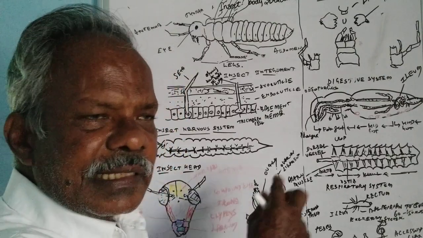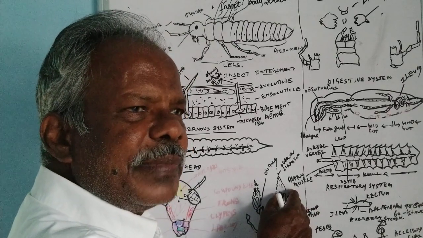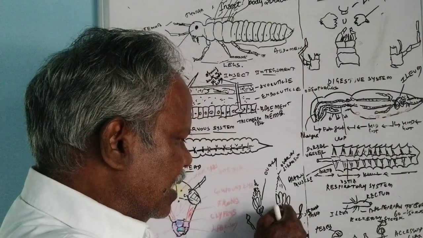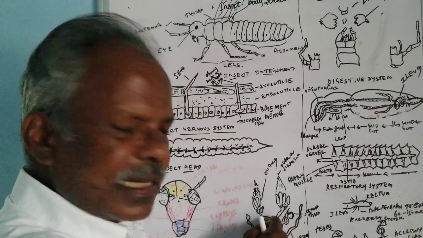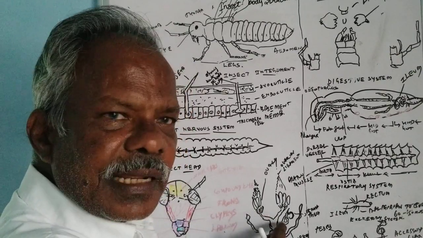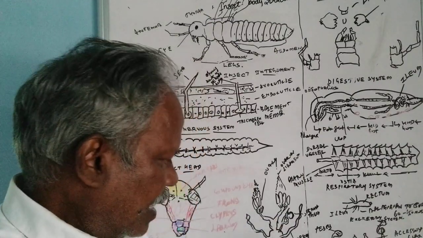Each bunch of ovaries, say 8 ovaries, is linked together, and a duct starts from that ovary, that is called the oviduct. On either side of the ovary there is an oviduct, and it enters into the common oviduct.